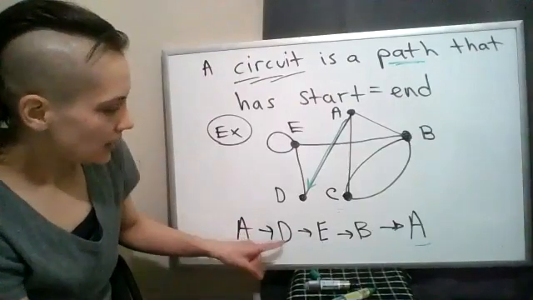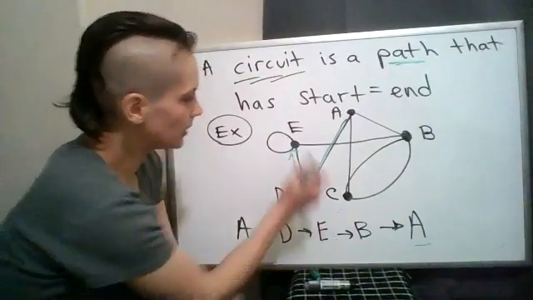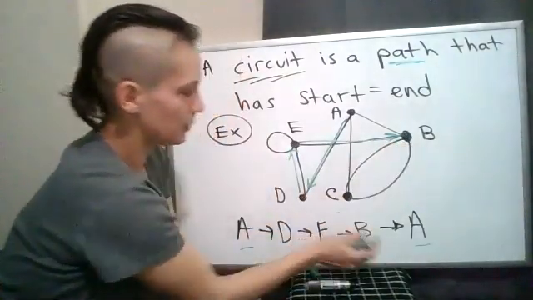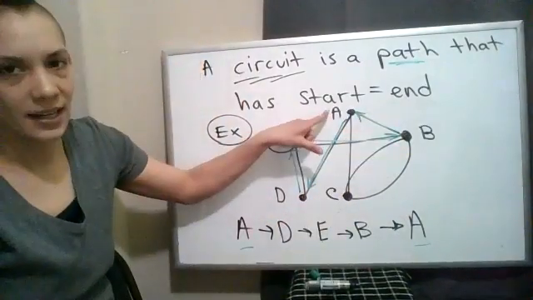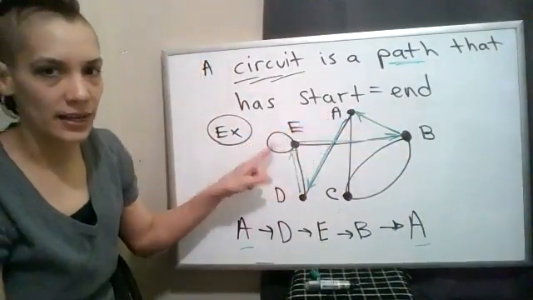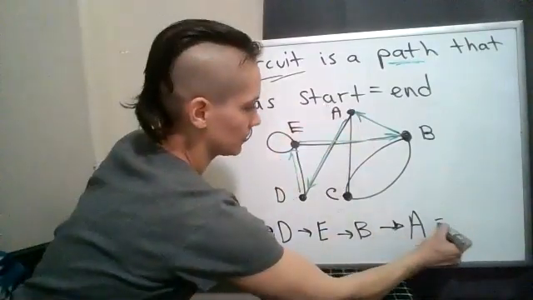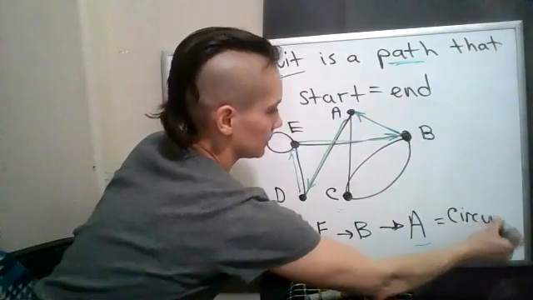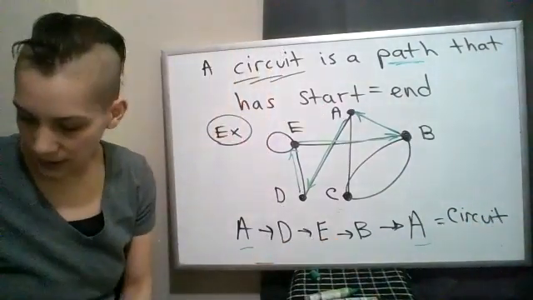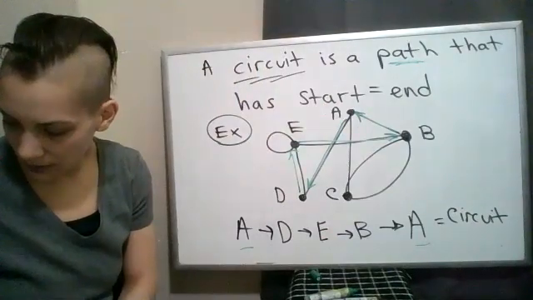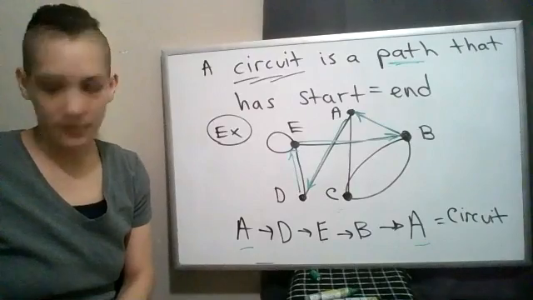Okay, from A to D, D goes to E this way, E to B, B to A. So I started at A, ended at A, and I used every edge one time. Let's go on to BCB.